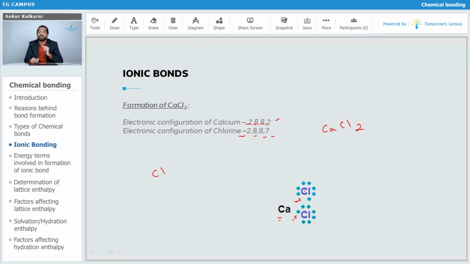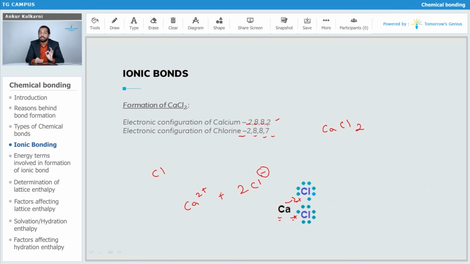Calcium will donate 1 electron each to chlorine, and obviously there will be formation of Ca2+ and 2Cl-. Correct? Is there any doubt now? I hope this is very clear to you.